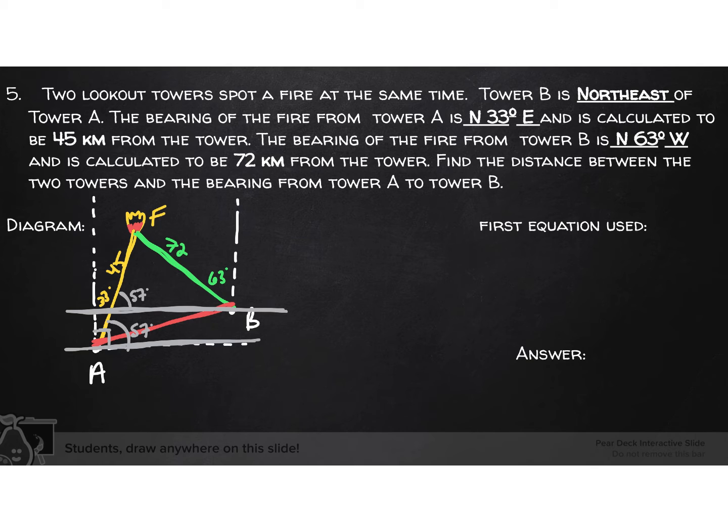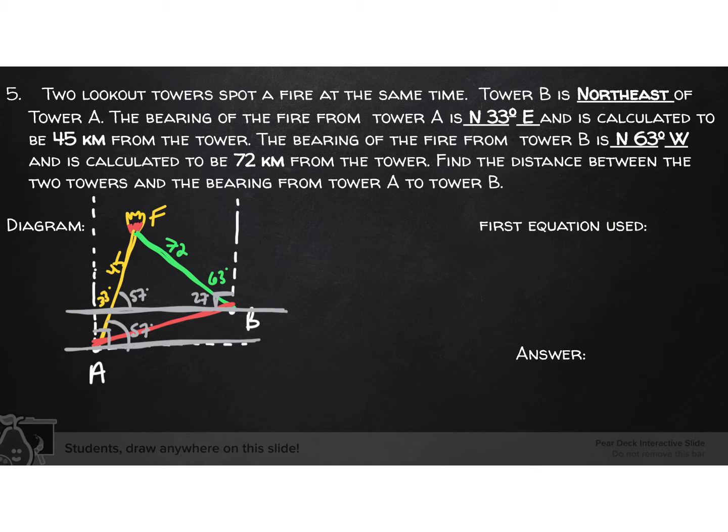And over on the other side, we can figure out that this is 27. So you have a little triangle happening here, and we have enough information to figure out what this angle is.